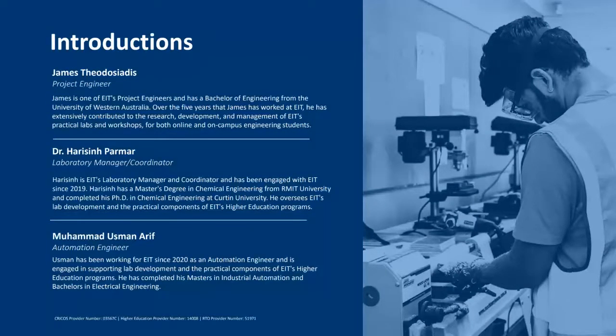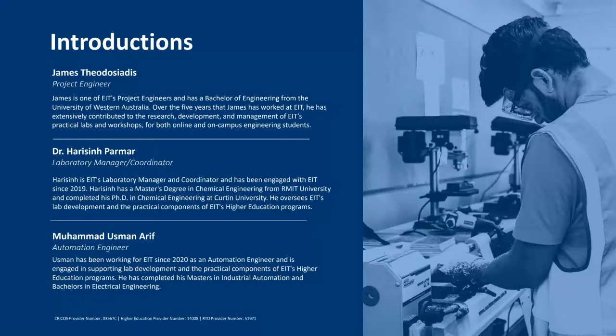So I'll just move on to introducing our presenters for today. James is a project engineer and he's been working with EIT for some time now in research, development and management of EIT's practical labs and workshops for both online and on-campus students. Dr. Harrison is currently EIT's laboratory manager and coordinator, and he has a master's degree in chemical engineering from RMIT and a PhD in chemical engineering from Curtin.